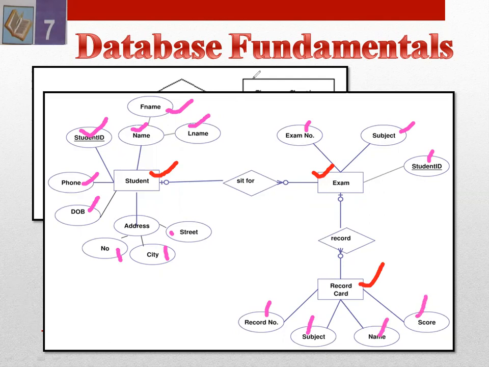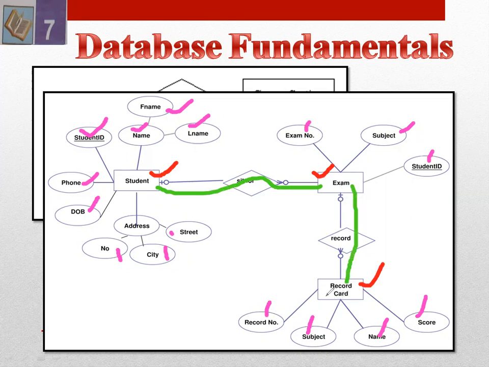Now here the relationship, what is the relationship between these three entities? So student sits for exam. This is the relationship between exam and student. Here exam and record card, and record card has record of exam.